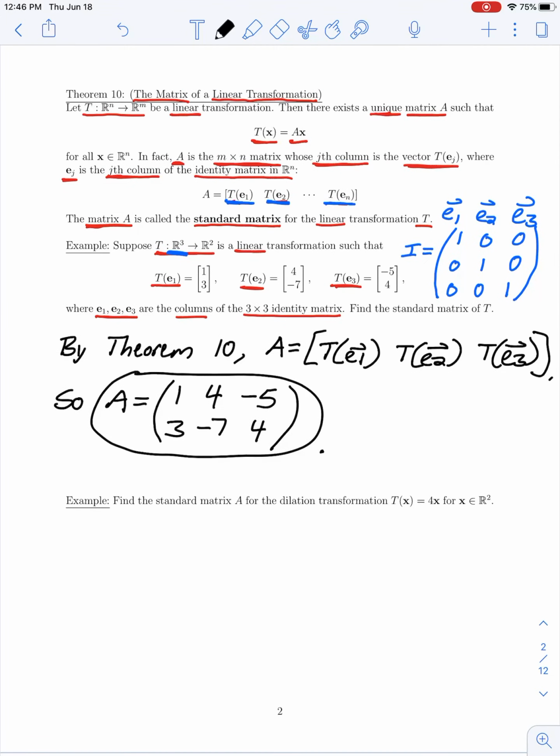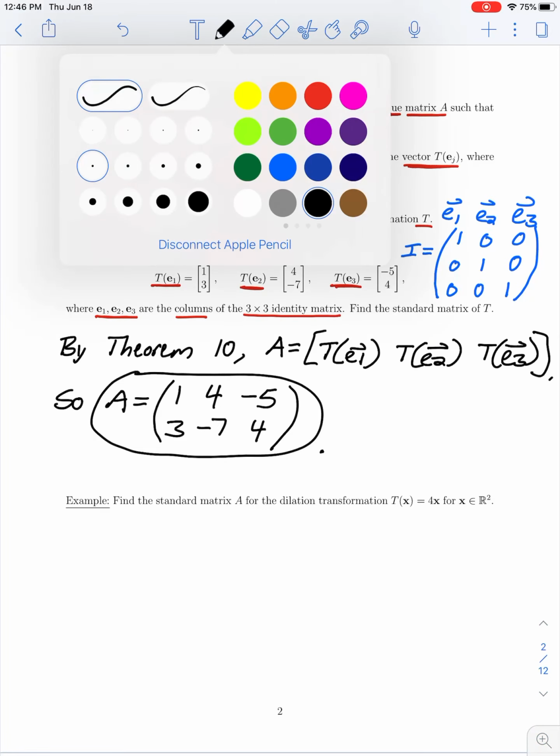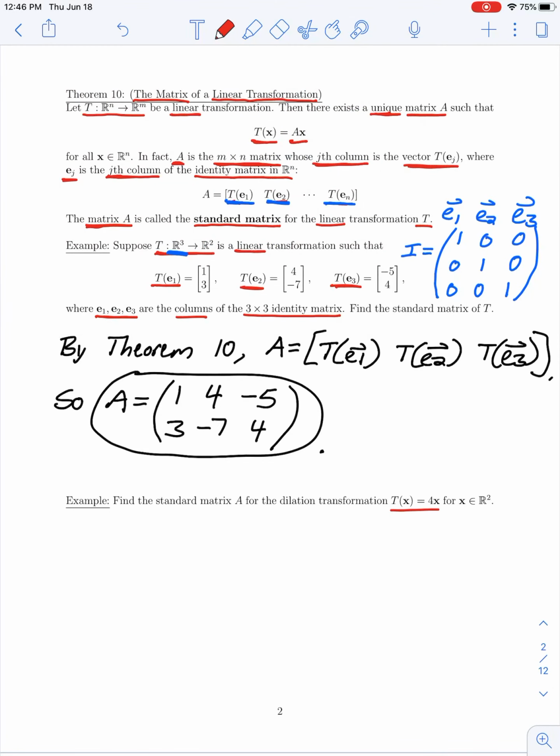In this next one, we are asked for the standard matrix A for the dilation transformation T of x equal to 4 times x, where we're taking vectors x in the plane. So recall that a dilation transformation is a transformation where you multiply your vector x by some scalar which is greater than 1. In this case, we're multiplying by 4. And we're looking at vectors x in the plane, so two-dimensional vectors.